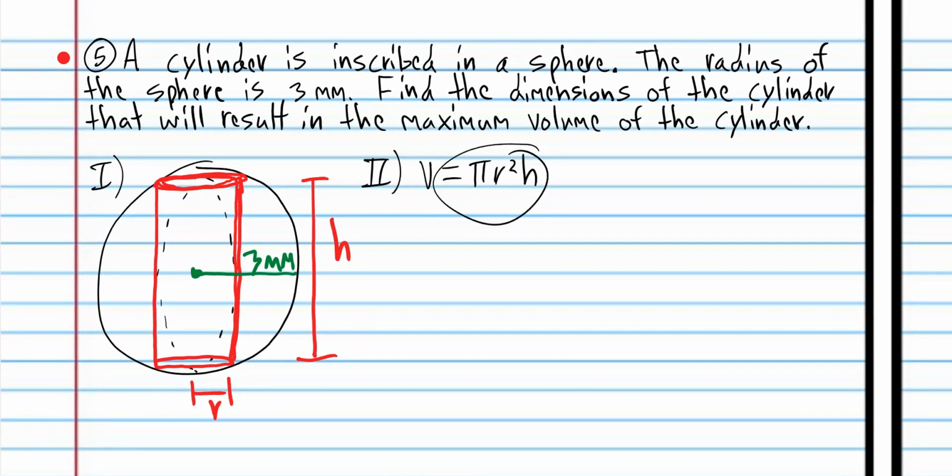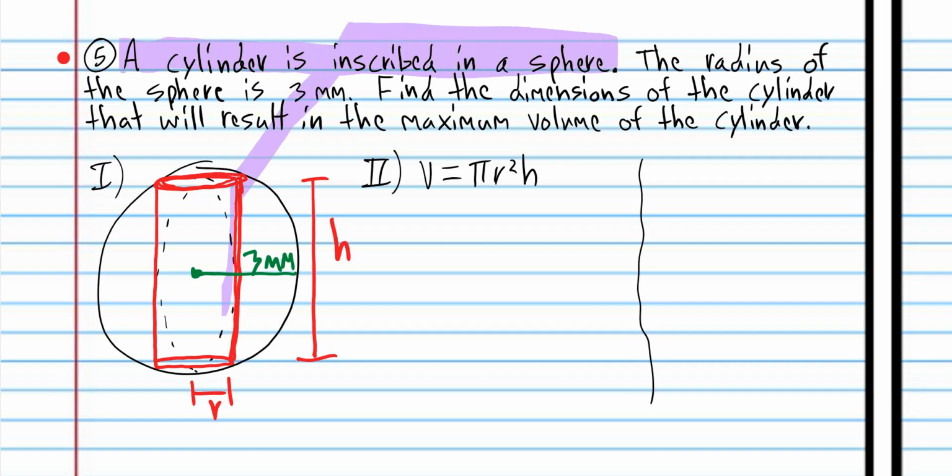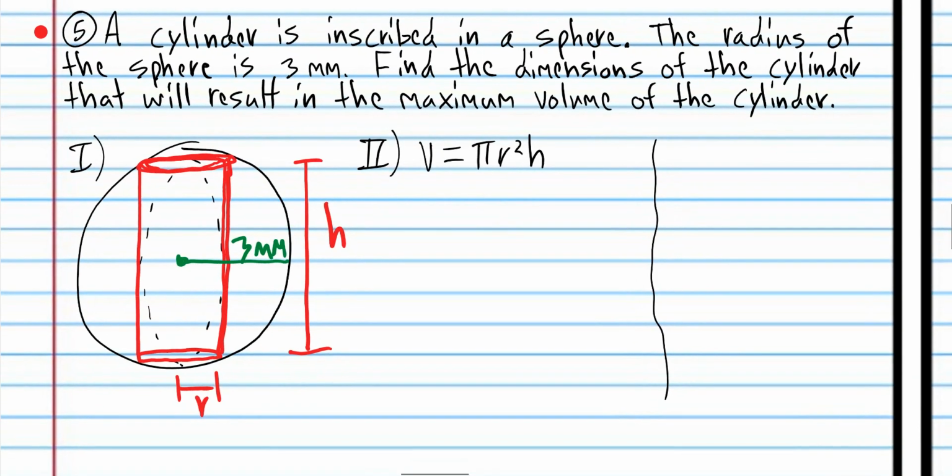Usually you're given this formula, but we want this side of the equation to be in terms of one variable. So how do we get that in terms of one variable? Well, we can't, because there's no additional information. There's nothing else here to really help us. But it does say the cylinder is inscribed in a sphere, as we mentioned, so that actually will help us. This is kind of a tricky problem.